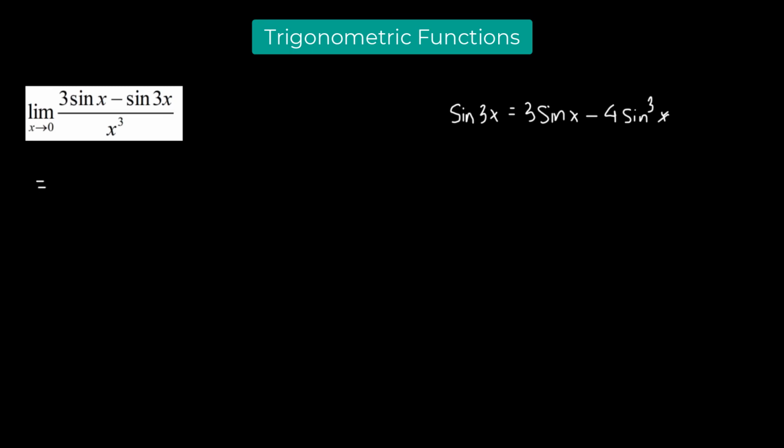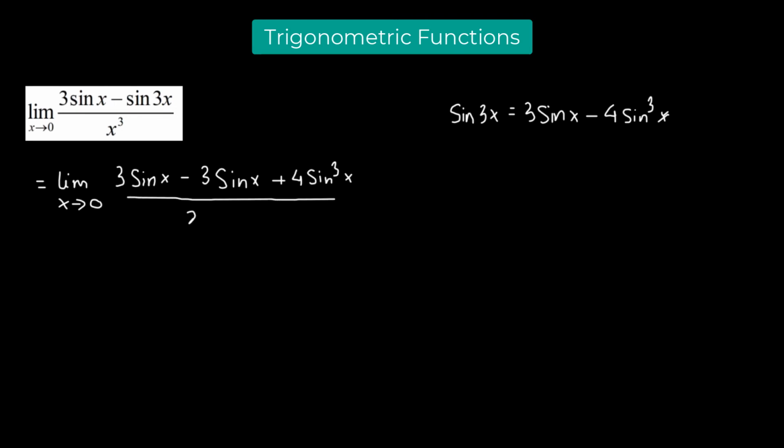So we have limit x tends to 0, 3 sine x minus negative 4 sine cube x, which will be plus 4 sine cubed x, divided by x cubed.